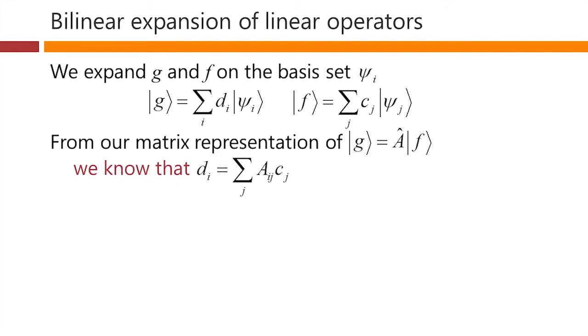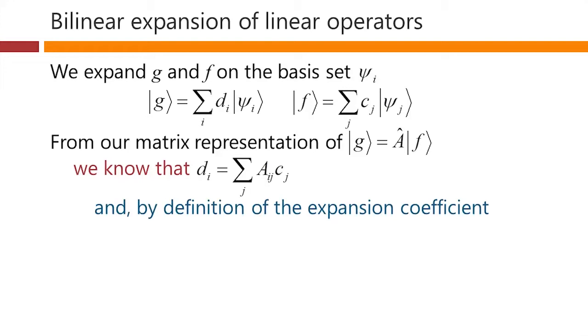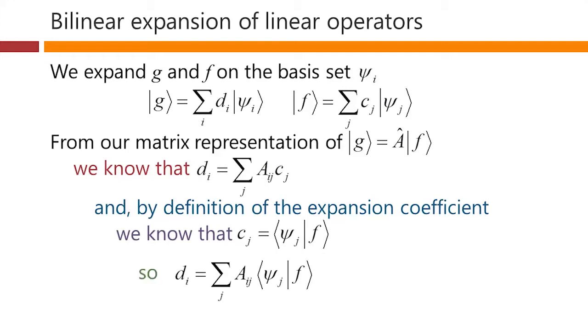So aij is the element in the ith row and the jth column of the matrix representing A. And by definition of the expansion coefficient here, we know that cj is just the bra vector psi j times f, the ket vector. So, substituting for cj, we have that di is equal to the sum over j of aij times this inner product here.